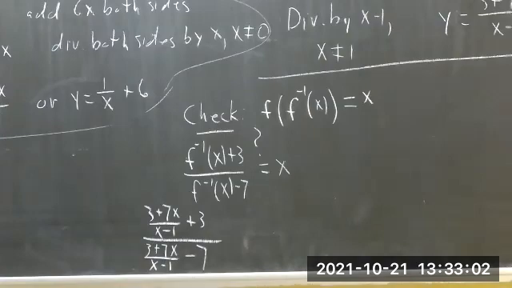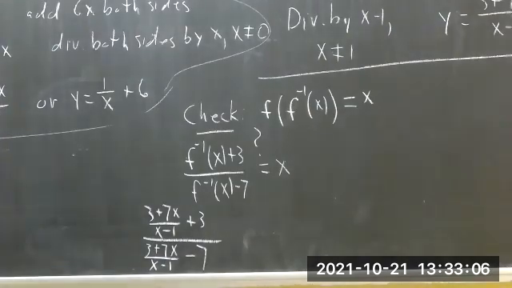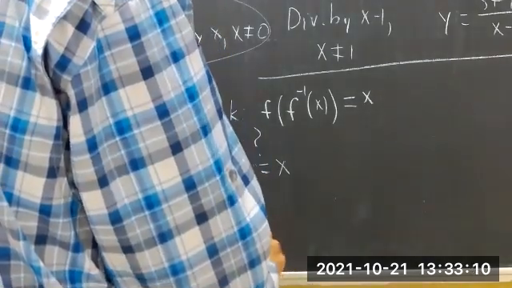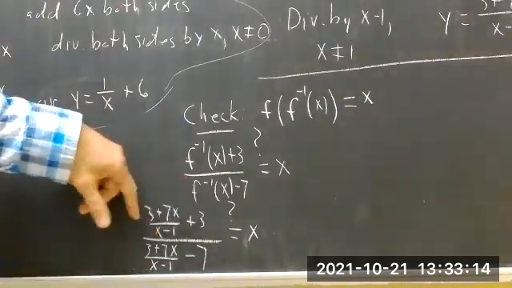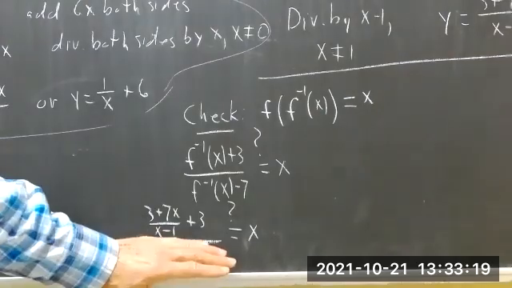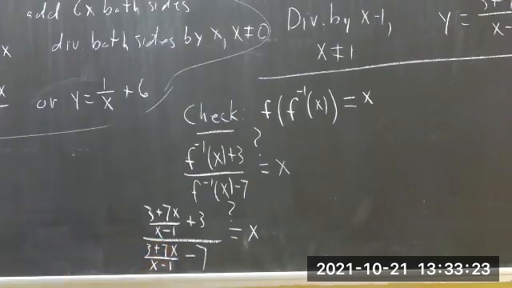What are we going to do about this? Well, we're going to use a common denominator here, and a common denominator down here. Looking at this expression, the common denominator has to be x minus 1.